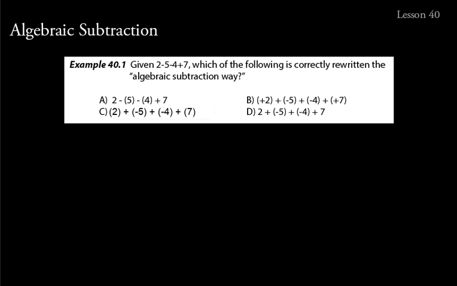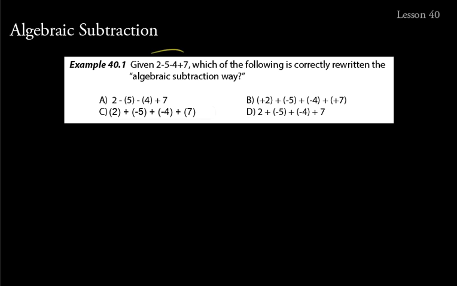Given that expression there, which of the following is the correctly rewritten form, the algebra subtraction form? Which one is correctly rewritten the algebra subtraction way? Okay, so we can just look at that expression and try to write it down ourselves to start with.